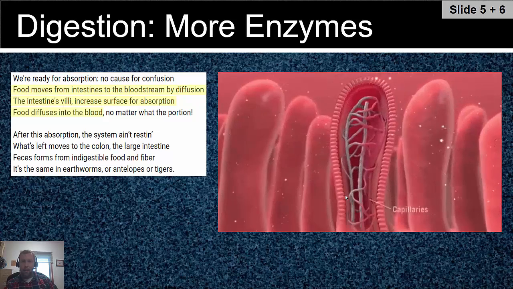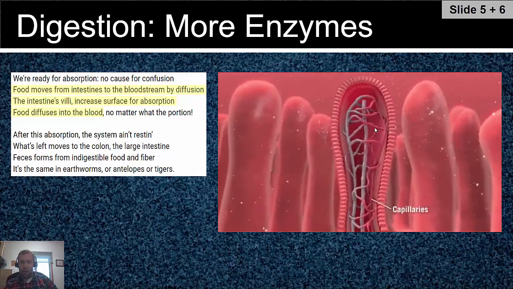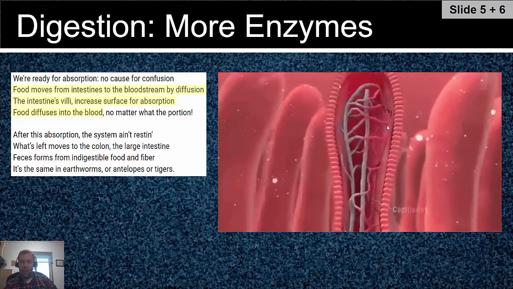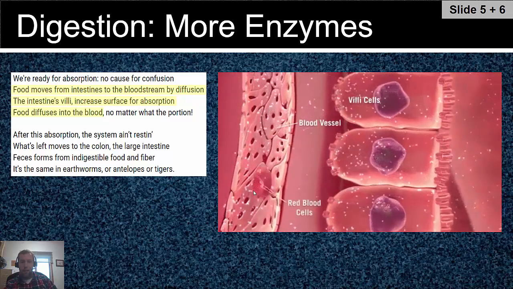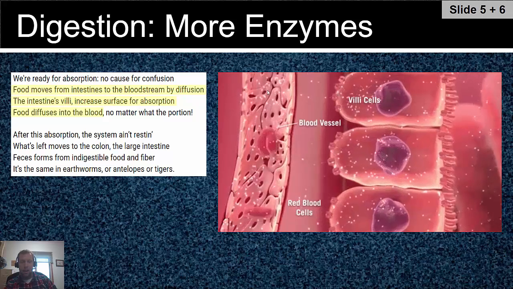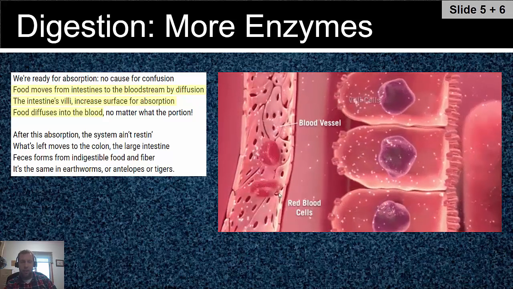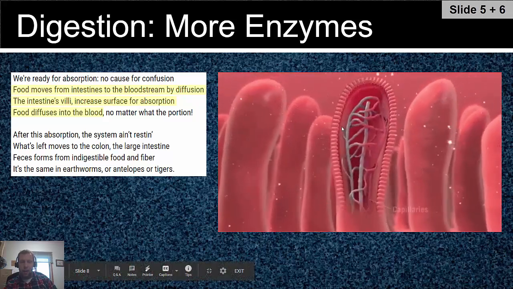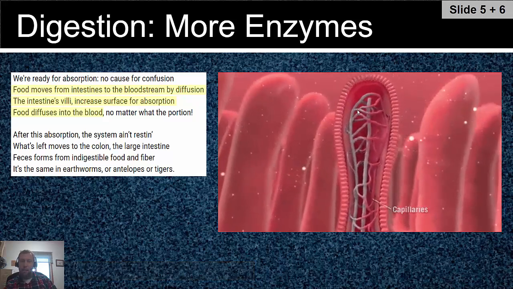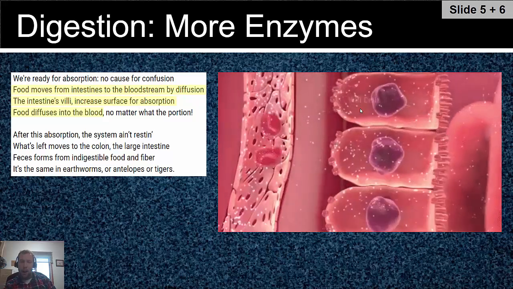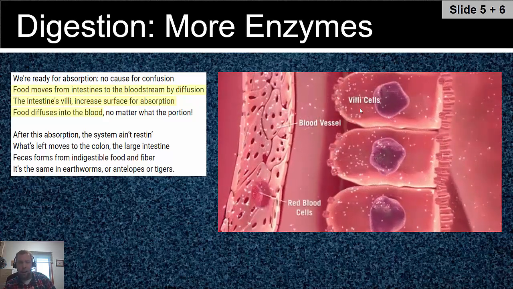This would be an example of these monomers getting absorbed into your small intestine, and you notice that in these villi we actually have blood vessels that pick up these monomers that are getting absorbed by the villi. So you see all these capillaries inside each villi picking up all these monomers and putting them into your bloodstream.